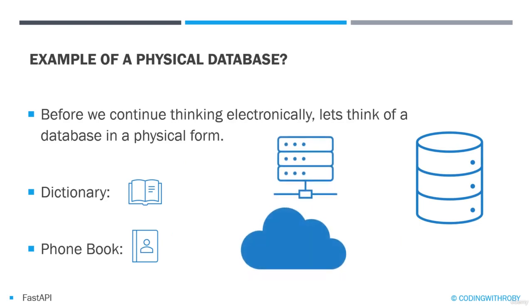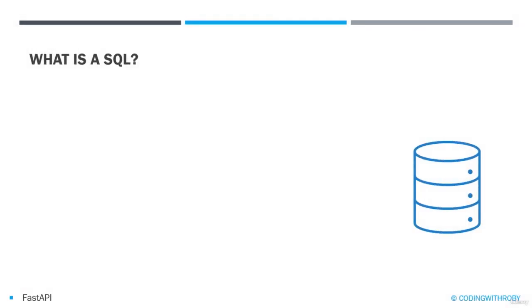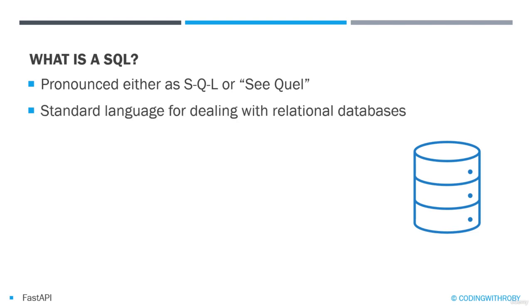After we have all this data in a relational database, how do we access this? Well, the way we can access this is using something called SQL or S-Q-L. What is SQL? Well, like I mentioned already, it can be pronounced either way. SQL is a standard language for dealing with relational databases.